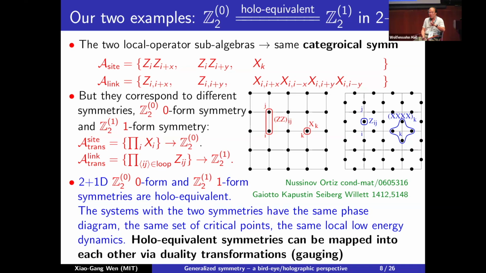But if your model has a symmetry and that symmetry can be mapped into another holo-equivalent symmetry, then there's a duality map which maps this model to another model with a holo-equivalent symmetry. So duality and symmetry have a very close relation.